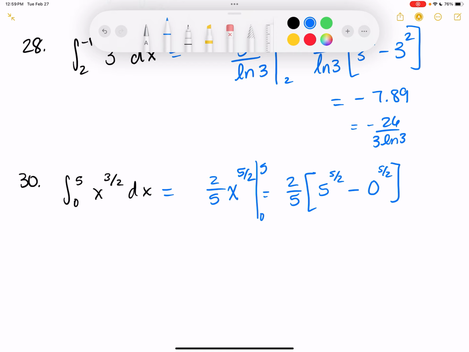All right. What's 2/5 times 5 to the 5 halves? 22.4, or the book will also write it as 10 square root of 5. So that sounds like a lot of work to me.